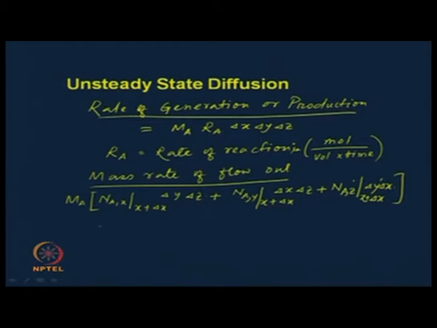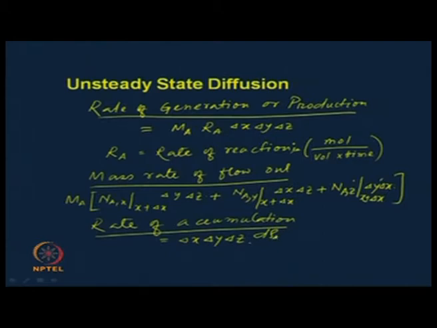And then another term is the accumulation. So, the rate of accumulation, we can write, will be equal to delta x delta y delta z, this is the volume, into d rho_A by dt.